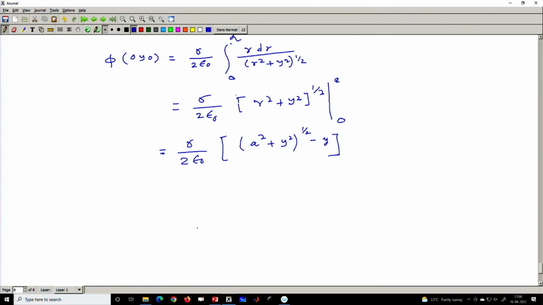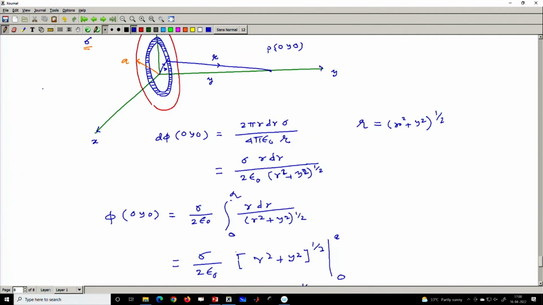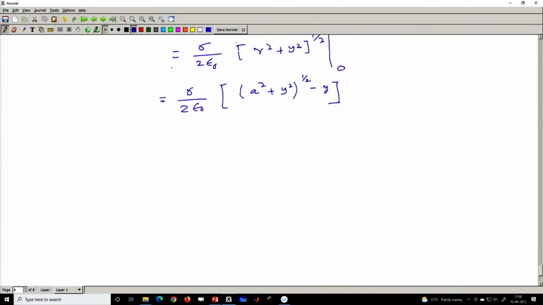If I go to the opposite direction, to find the potential on the opposite side, then phi at 0 minus y 0 comes out to be sigma divided by 2 epsilon 0 times a square plus y square whole to the power half plus y.